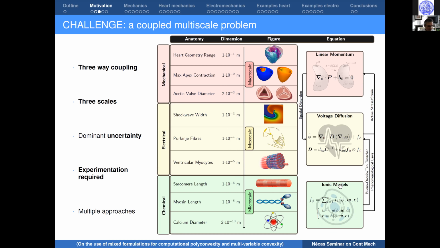In our case, what we were interested in is not this element of the research, or that element of the research per se, but actually the coupling of the three, and specifically the possible limits that ionic models and voltage diffusion could impose on how we can describe the linear momentum equation, and specifically the Piola stress tensor that features here, in the case of large strains, and how it could be coupled through voltage diffusion and through the ionic model.